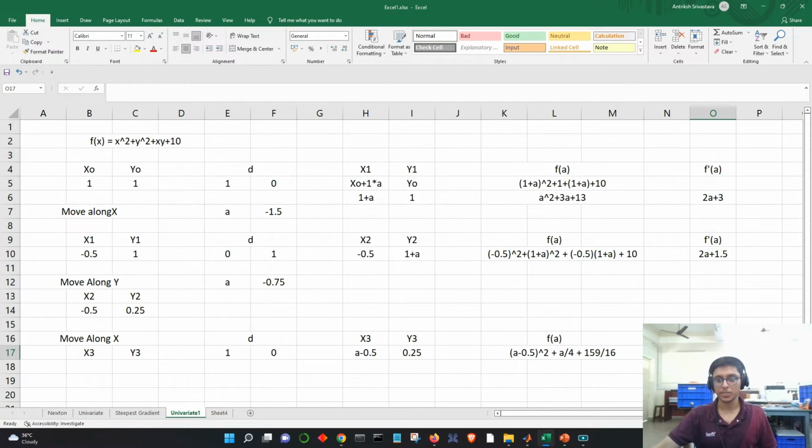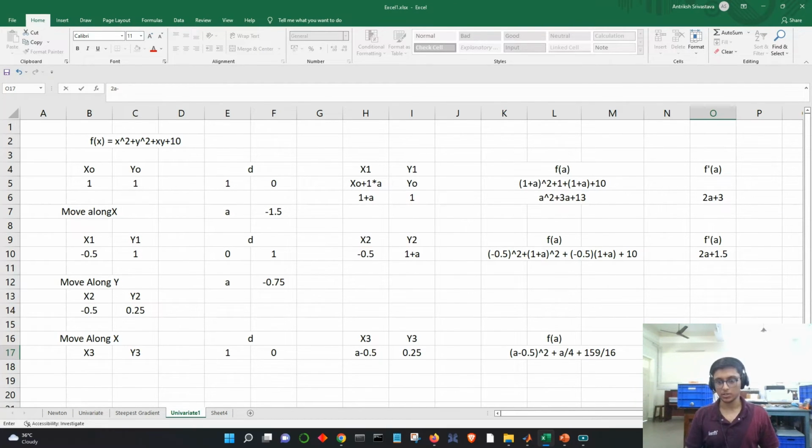By the time you are doing that, maybe I will do the differential. Did you get this, Manohar? We got 2a minus 0.75 differentiation.